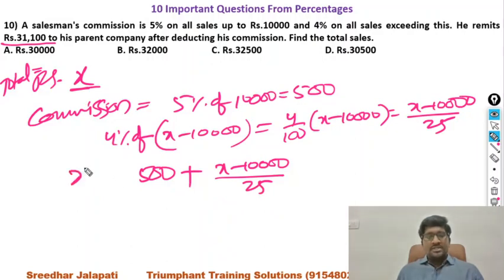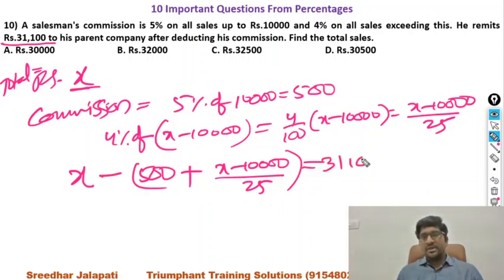From the total sales X, this is the commission he deserves, so he took it, and the remaining 31,100 he has given to the company. So I can solve this equation with all X terms on one side and constants on the other. Or I can simplify this.